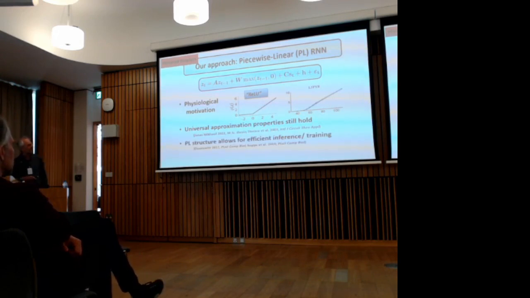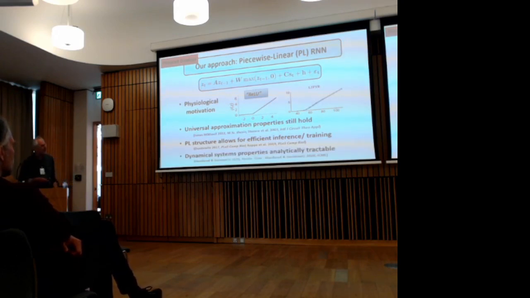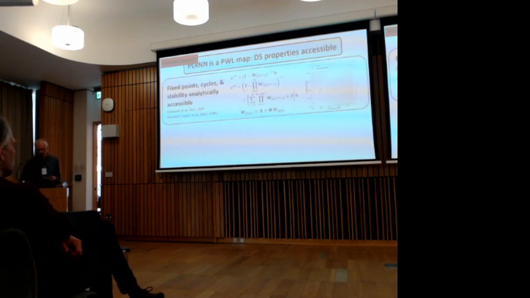The piecewise linear structure of these systems allows for very efficient inference and training algorithms. But maybe most importantly, dynamical systems properties in these systems are tractable. For instance, you can compute fixed points and cycles and assess their stability analytically.